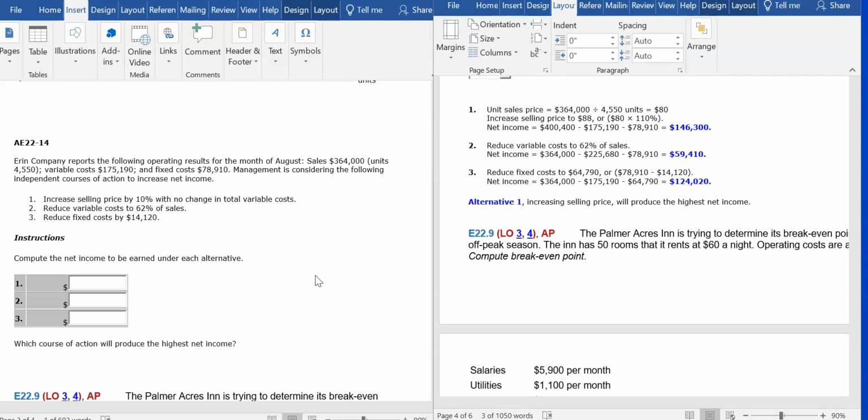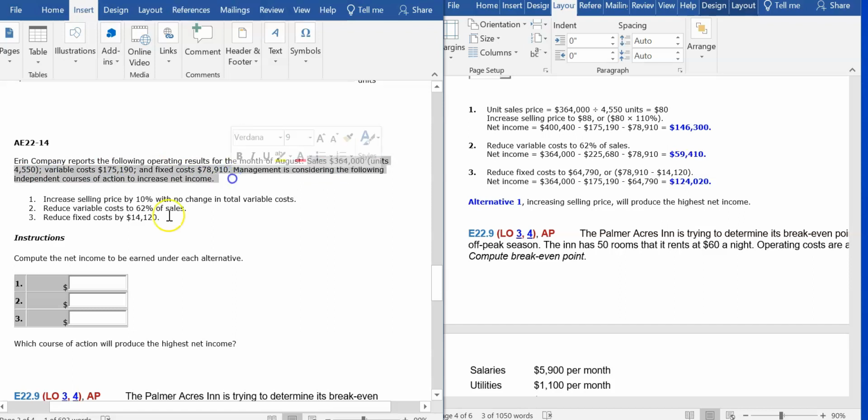Okay, moving on to the next problem. This problem, Aaron Company reports the following operating results for the month of August. We have sales of $364,000 in dollars and units, variable cost, and fixed cost. Management is considering the following independent courses of action to increase net income. They can increase the selling price by 10% with no change in variable cost.